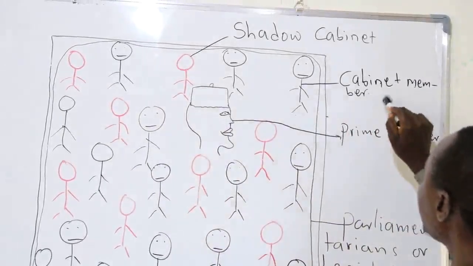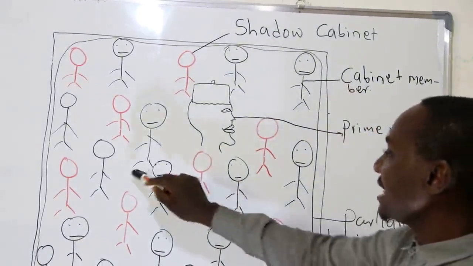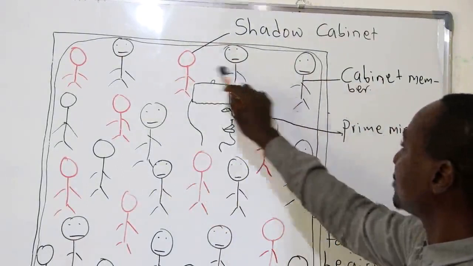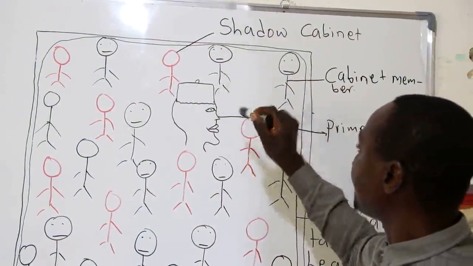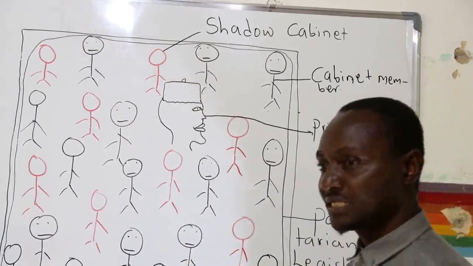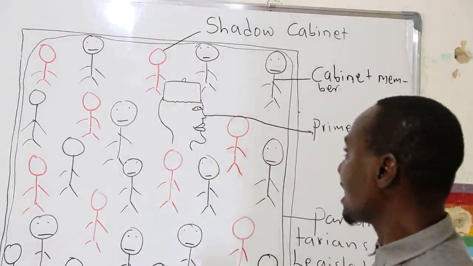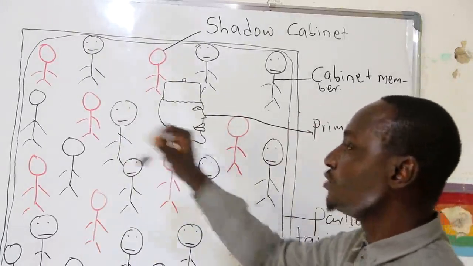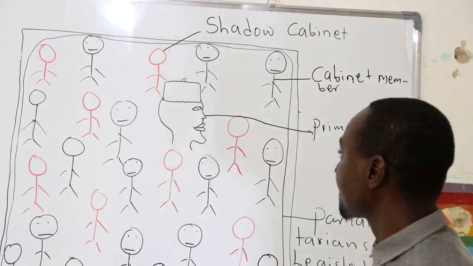Then we have the cabinet member. Alright, I just pick one to represent all these ones with mouth and eyes. Yes, they are people or parliamentarians that have the highest number of seats in the parliament. Now, if you count it, you discover that they are more than these other ones mentioned as the shadow cabinet.